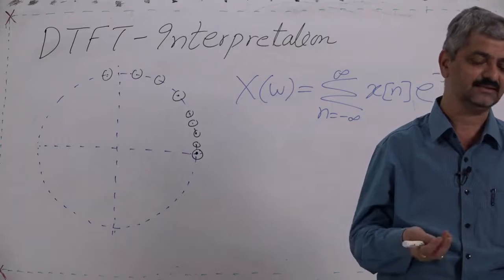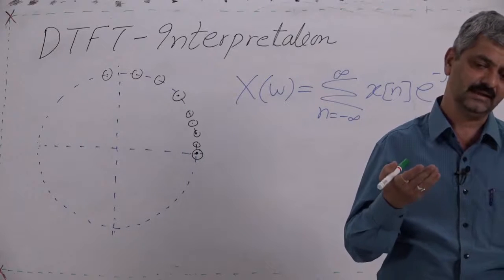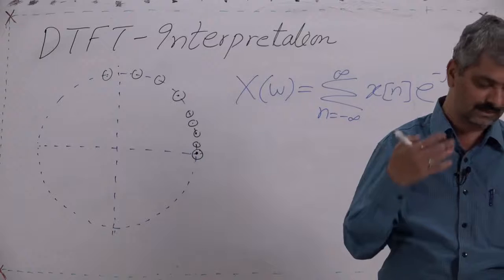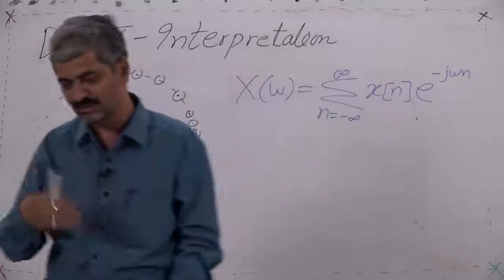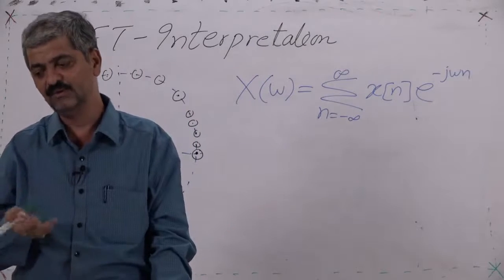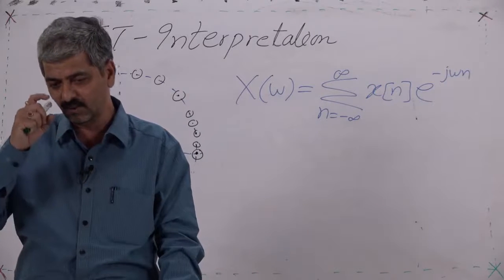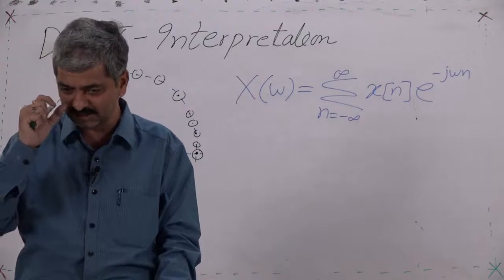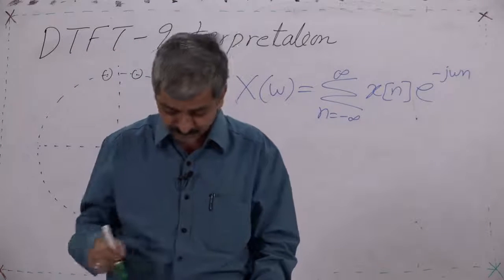So in that case, we will take peculiar examples, and by taking peculiar examples, we would be in a position to comment on the nature of the sequence and DTFT value.